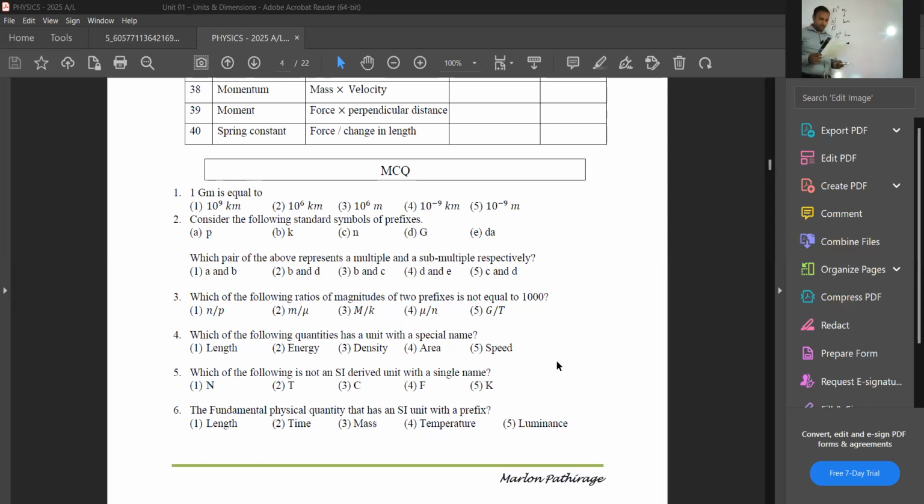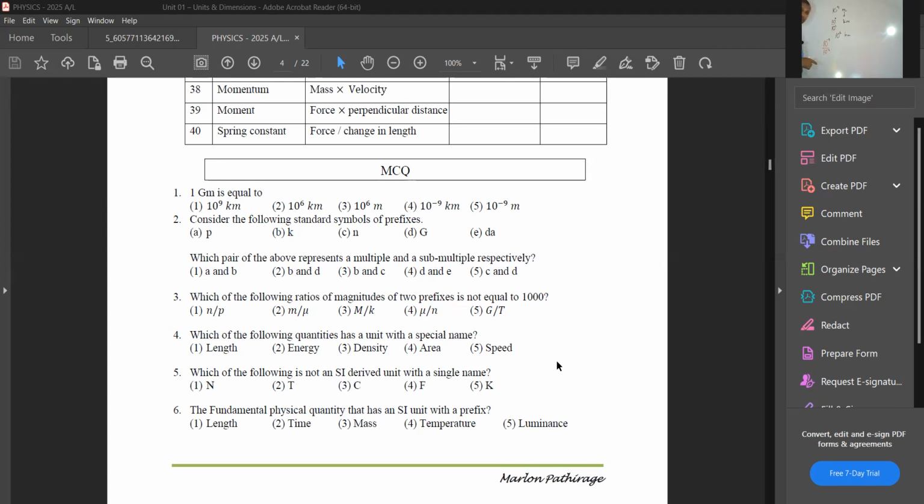The first choice is nano over pico. Nano means 10 to the power minus 9. Pico means 10 to the power minus 12. If I simplify this, I have to take the minus 12 into the numerator, so it becomes plus 12.